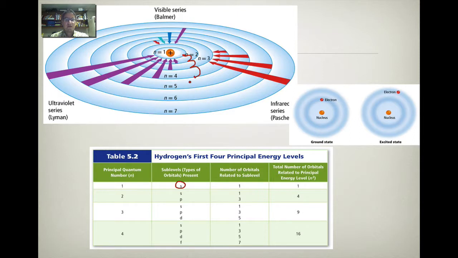So an electron does not just simply jump from n1 to n2 to n3 to n4. There are actually intermediate steps to take before jumping to that next level. You might imagine going from the first floor of a building to the second floor.